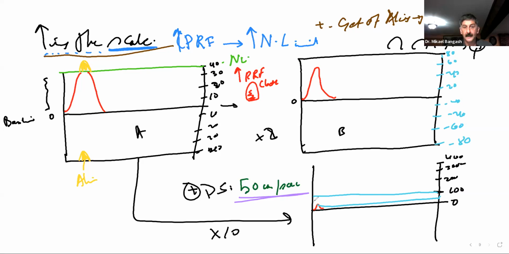So as a negative point, a disadvantage of increasing the scale is that our scale becomes less sensitive to low Doppler shifts.